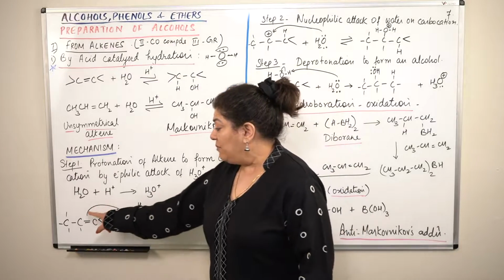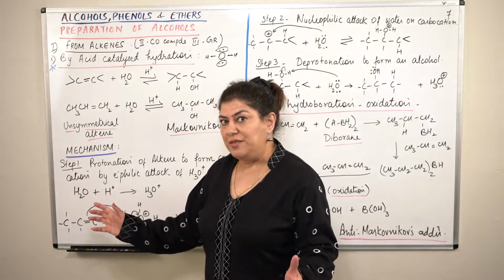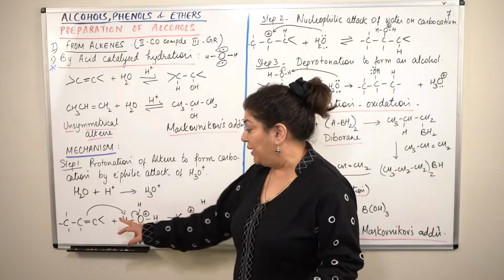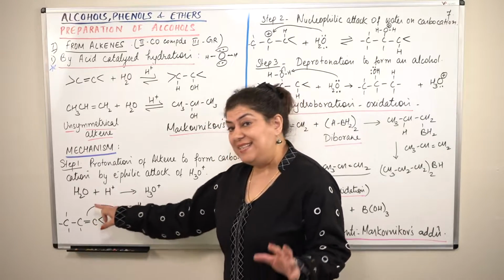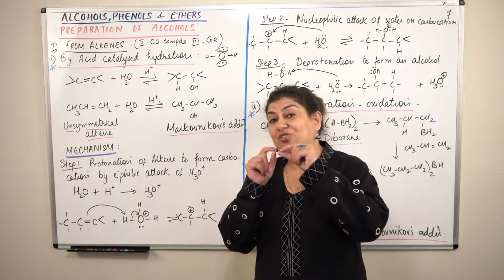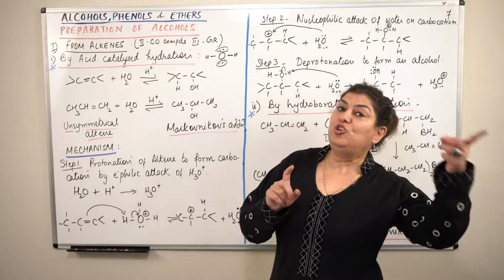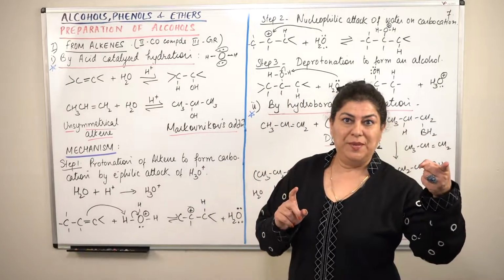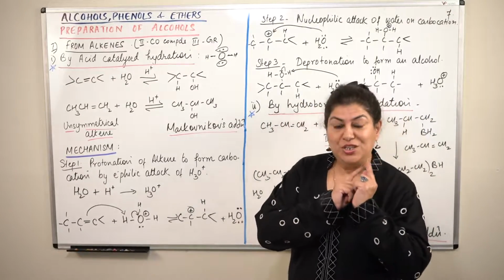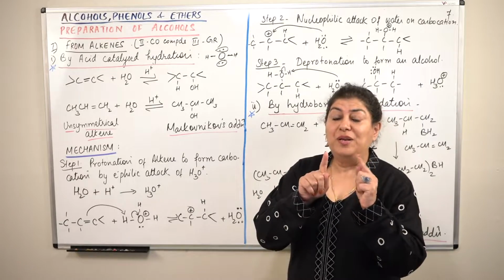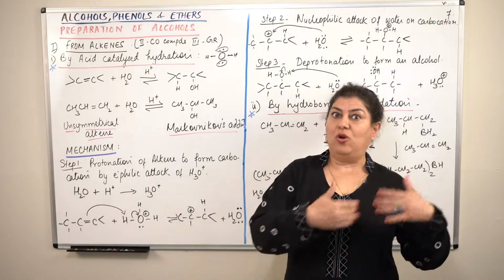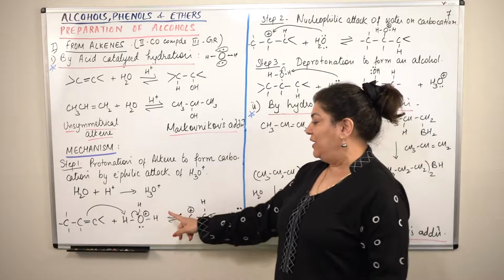So hydrogen comes and attaches itself to one of the carbons, any one, we'll see which one, but the electron of the other carbon is also used up by hydrogen to form a covalent bond. So that carbon, which lost its electron now to hydrogen, becomes positively charged.